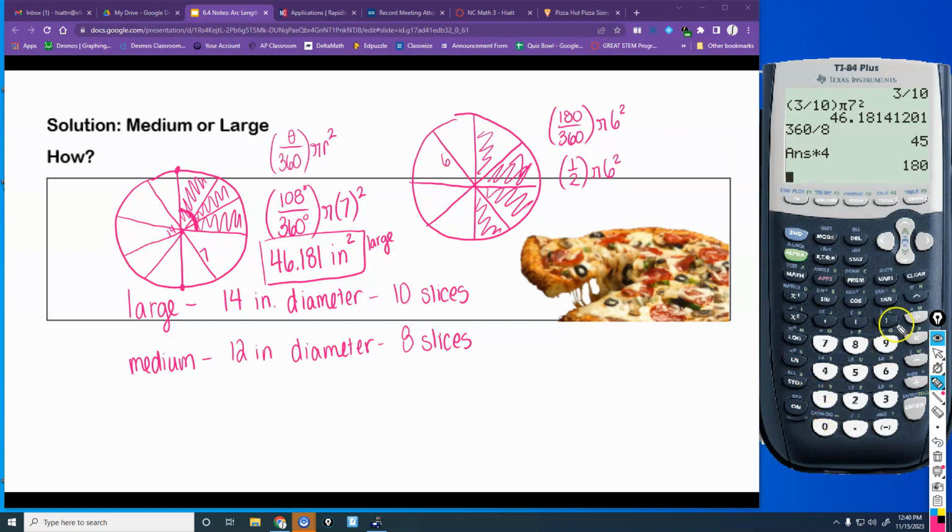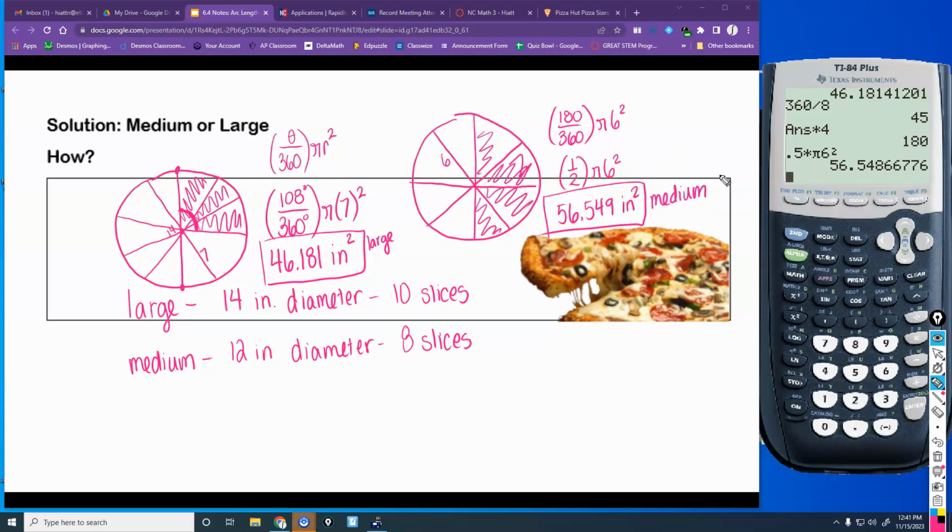And when we do that, we are going to get 56.549 square inches of pizza there for our medium.